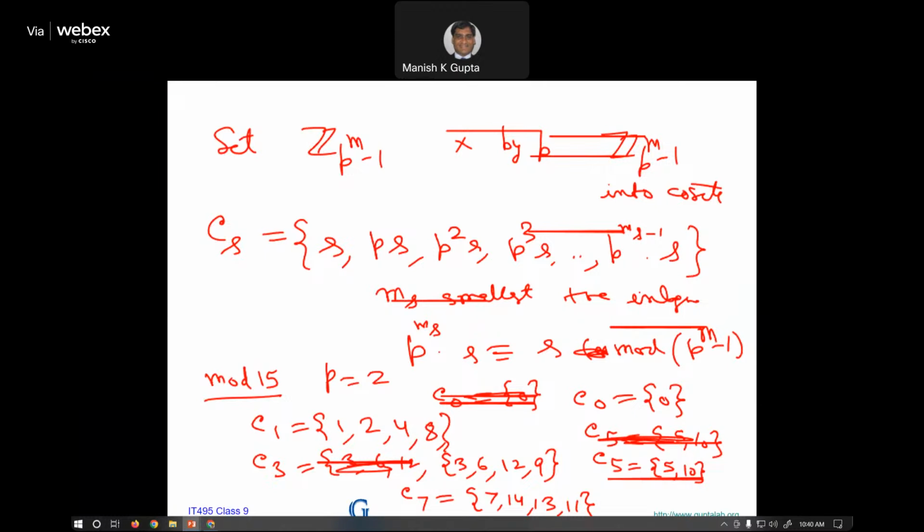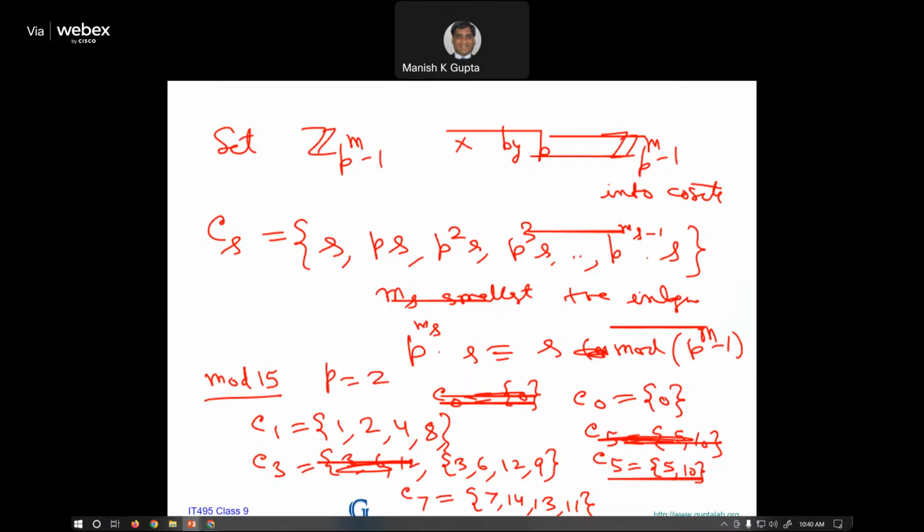And we are going to generate the cyclotomic cosets. First, you see in this ring, modulo 15, 0, 1, 2, 3, up to 14, all elements will be there, right? So we basically start with 0. C0 is what? 0, because if you multiply with 2, P being 2 here, you will get 0 only, no extension. The first is C0, very good.